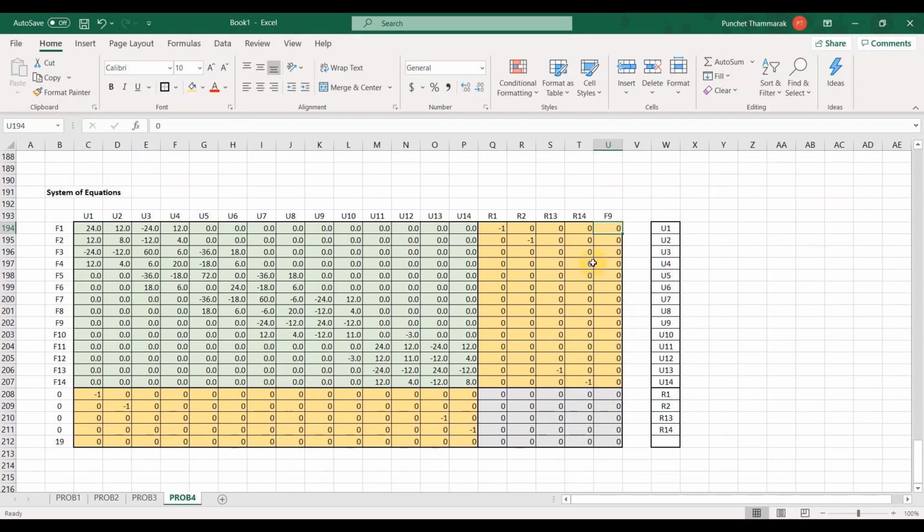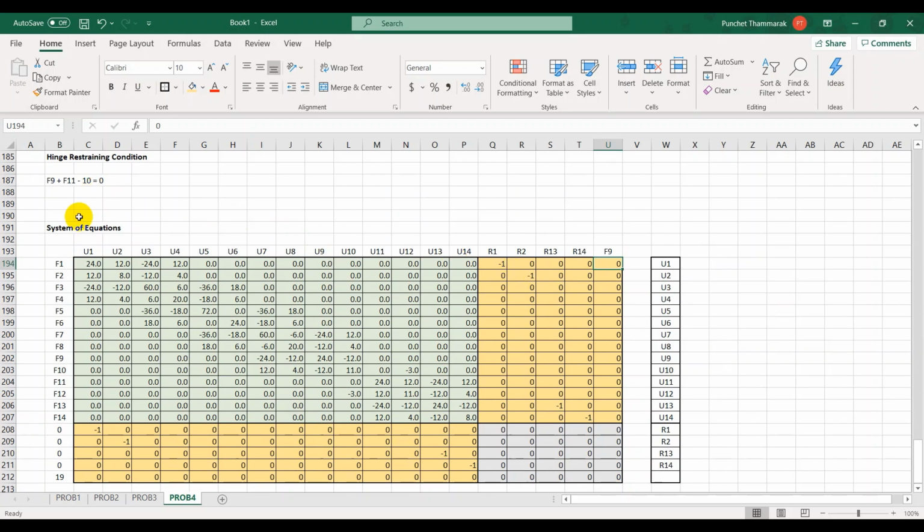So if F9 is the unknown, then for equation number 9, you're going to have minus 1. And for equation number 11, you're going to have 1.